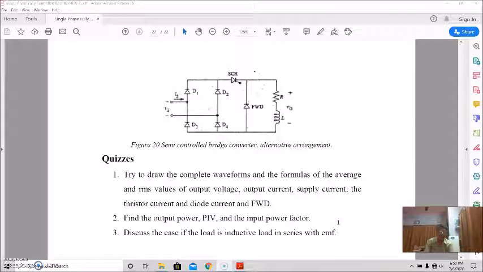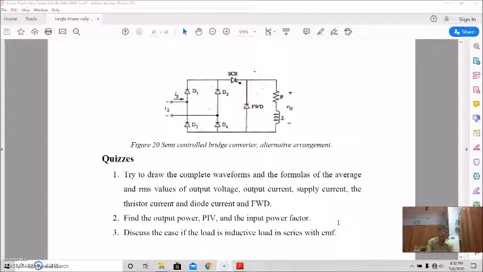Basically you have to draw the total complete waveforms, that is input voltage, output voltage, output current, and also you have to find out the formulas.